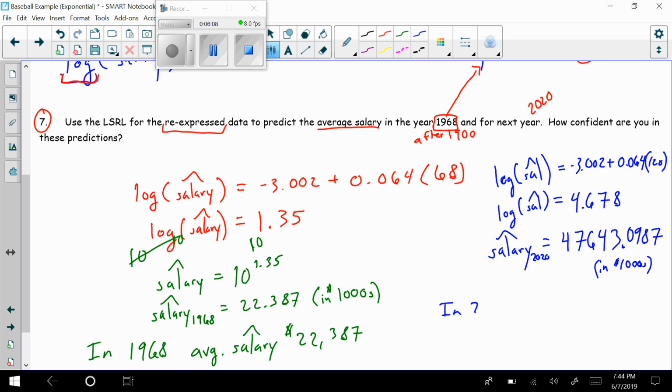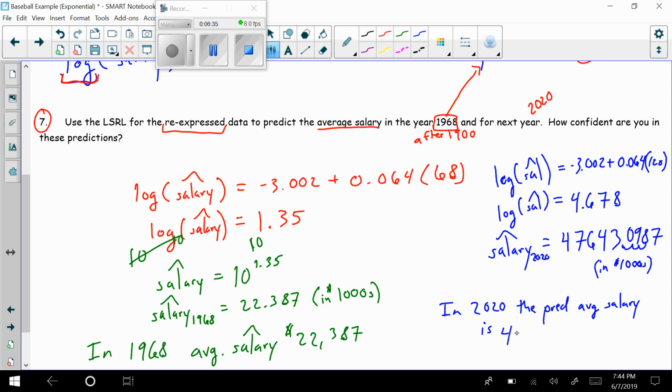So we say in 2020, the predicted average salary is, well, move this 3 times, which maybe I'll round this to a 9.